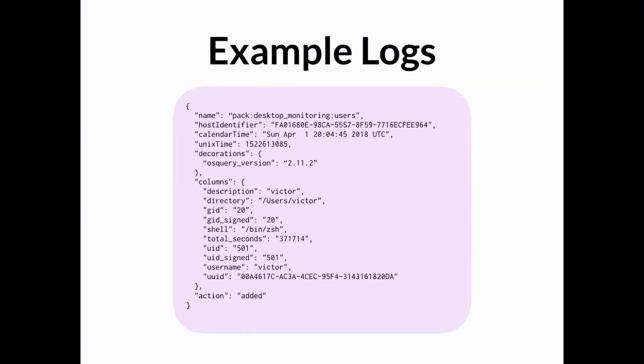Those will all be in the decorations stanza. Then you have the columns that were changed and what action happened. In this specific example, a user Victor was added, which means a row was added to the result set. In this case, that is indicative of a user being created, but that could be anything based on your specific query.